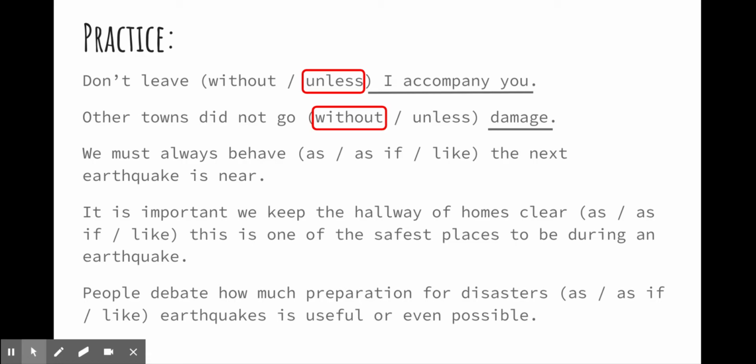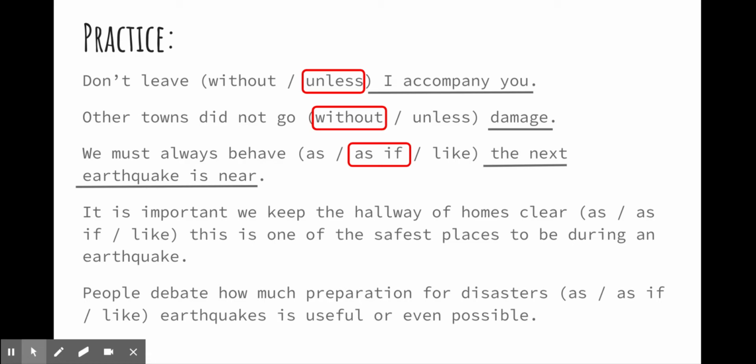Well, in this case, the next earthquake, that's the subject, is. So, as if is correct because the next earthquake is near is a clause.